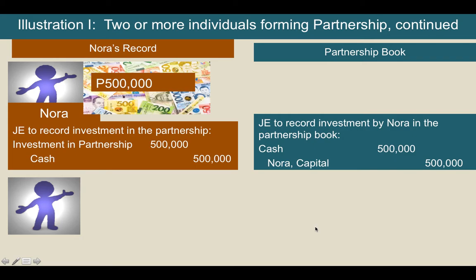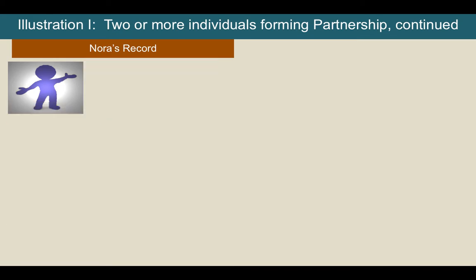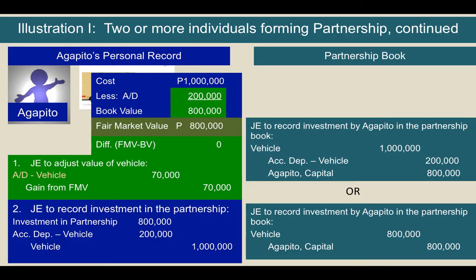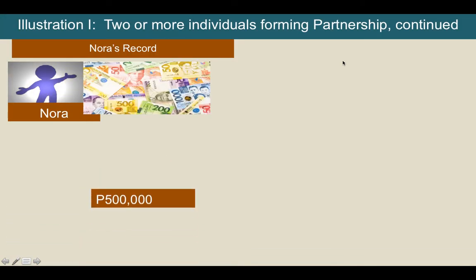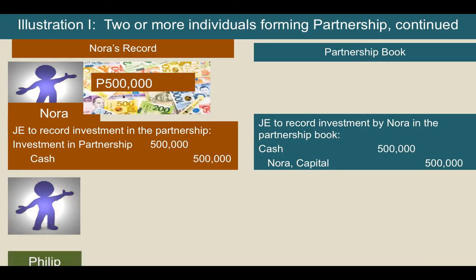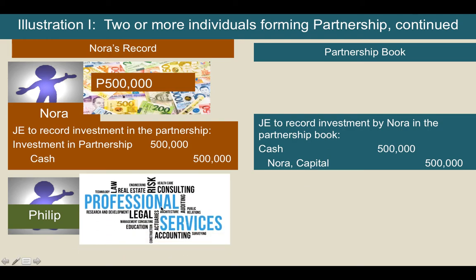Similarly, when we did this to Agapito, take note that the investment in partnership recorded in Agapito's personal record tied up with the Agapito capital in the partnership book. Okay, class. Now for Philip. Philip will only contribute his services. Obviously, if Philip will contribute his services, he will be entitled to 10% profit.